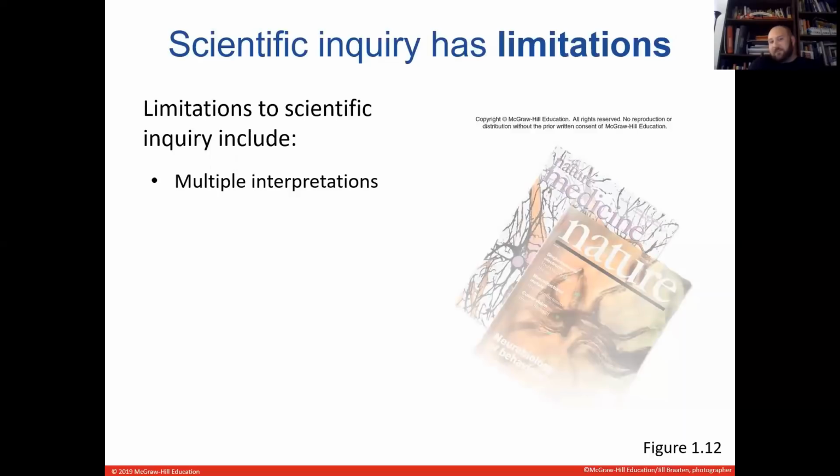About 97% of scientists believe that climate change is happening, and probably closer to 80-90% of those people believe it's primarily caused by man-made actions, but there's still that 3% that say this is just a natural cycle in the earth, or all those kinds of things. So there's lots of interpretations that can be made off of data based on prior knowledge, and those aren't necessarily wrong.